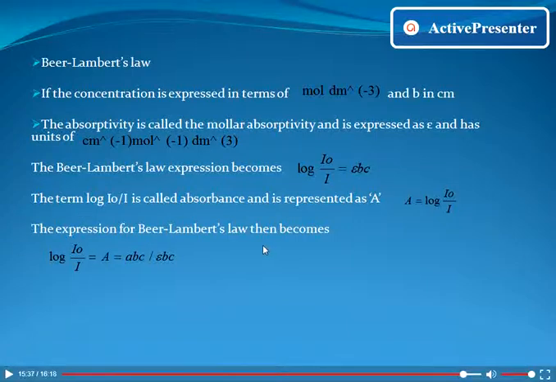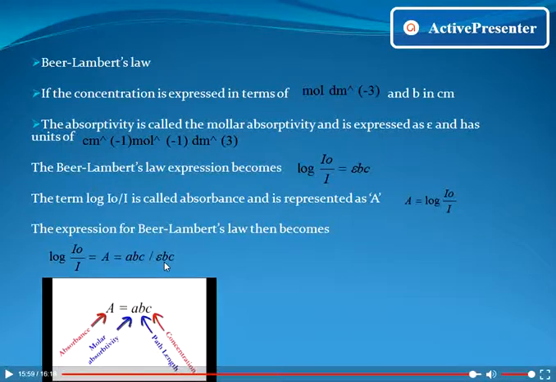Absorbance is equivalent to epsilon B C: the absorbance, the molar absorptivity, the path length, and the concentration.